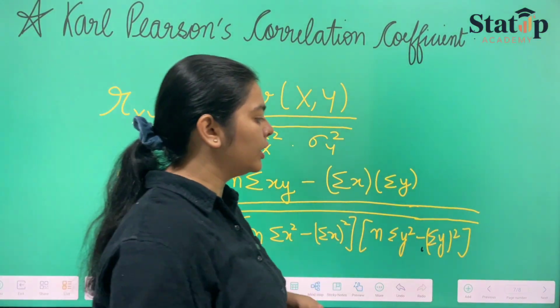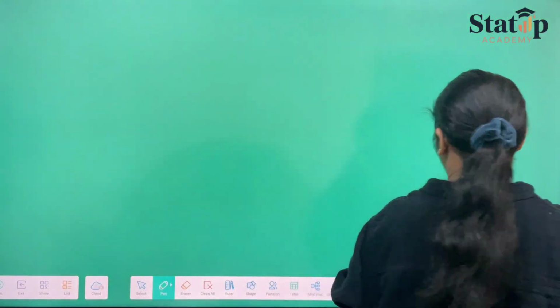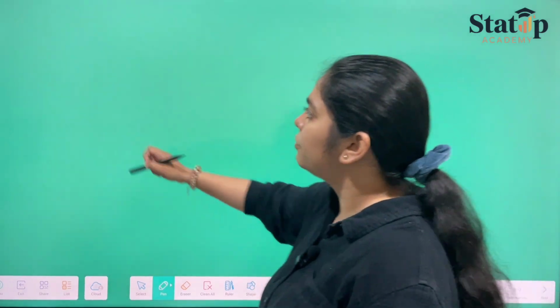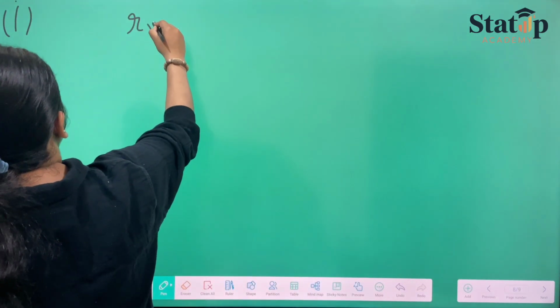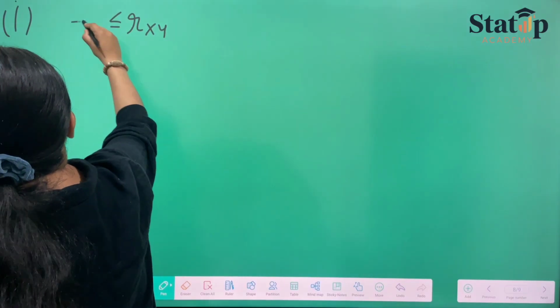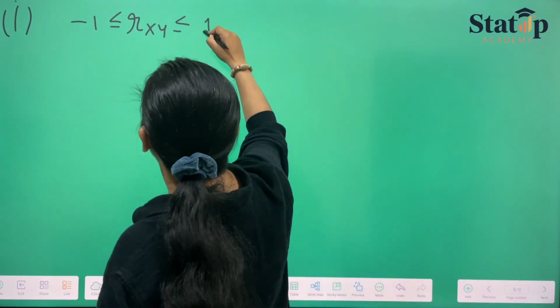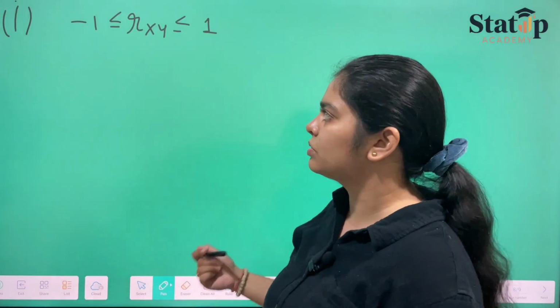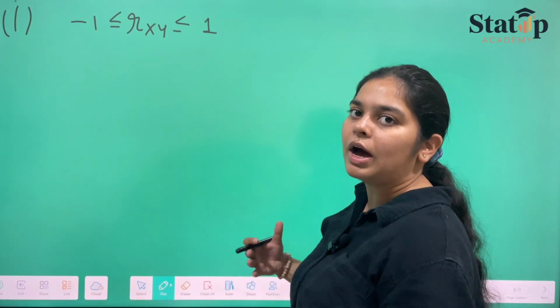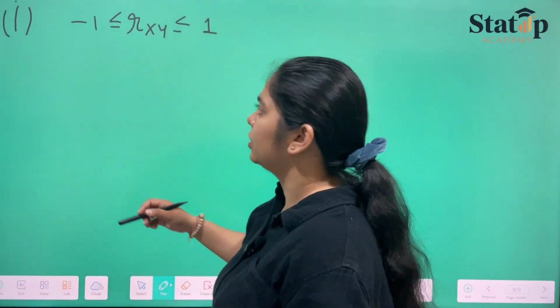So let us move on. What are the properties of Karl Pearson's correlation coefficient? The first and the most important property is that the Karl Pearson correlation coefficient always lies between 1 and -1. This is the most important property. They can directly ask you: what are the limits of Karl Pearson's correlation coefficient?